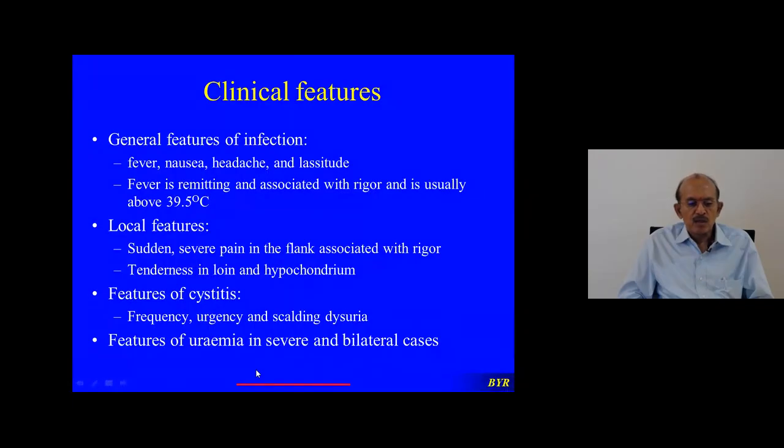What are the types of renal tubular necrosis? Very good. Anoxic tubular necrosis and toxic tubular necrosis.